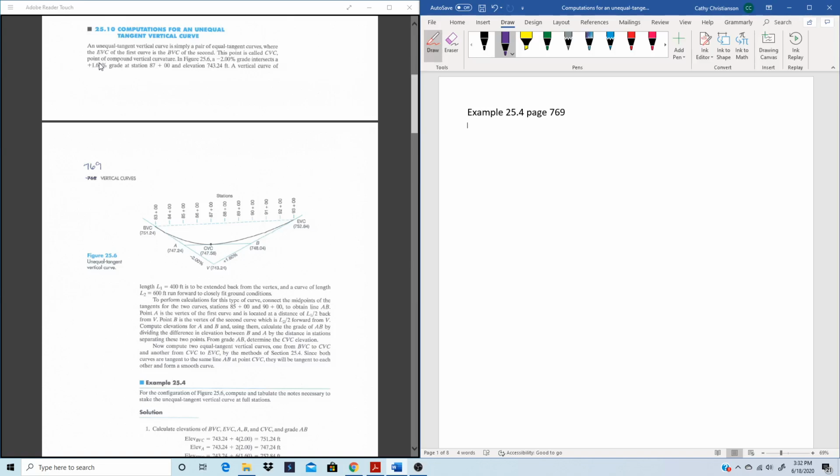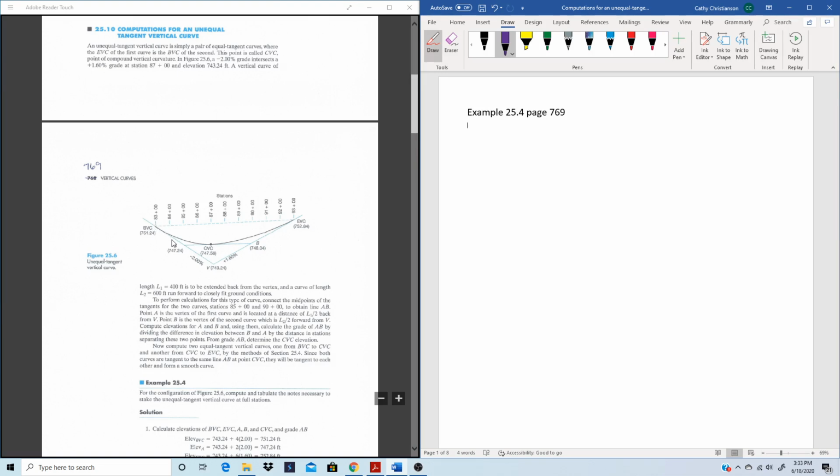So it means there are two compound vertical curves that are equal tangent, but they're held together. So what we need to figure first is what the grade is at the beginning vertical curve, what the grade is at A, because this is the beginning of the second, the G2 for the first curve.